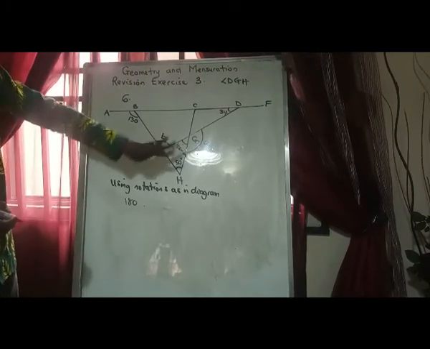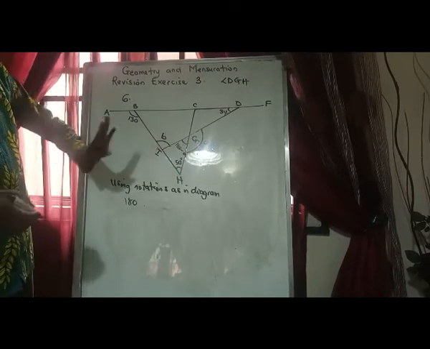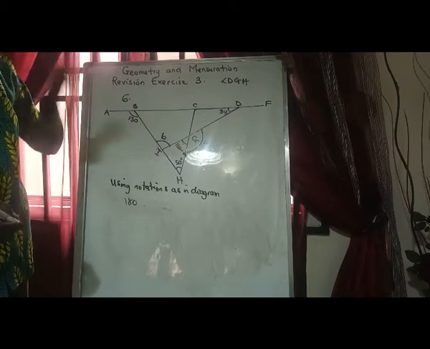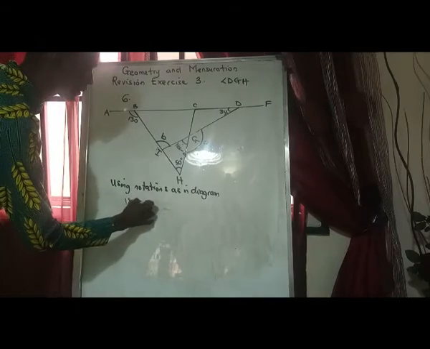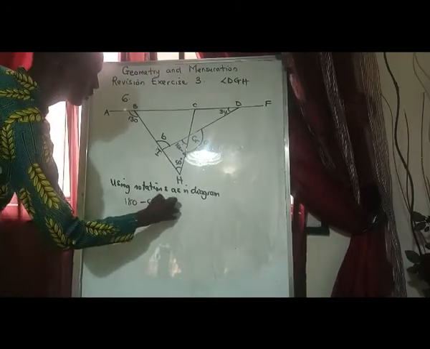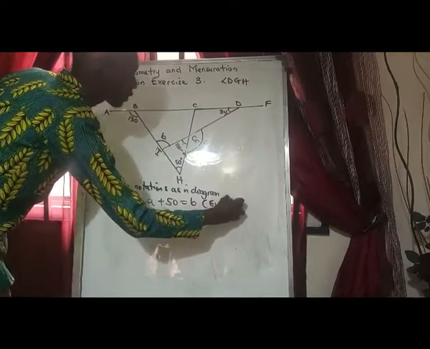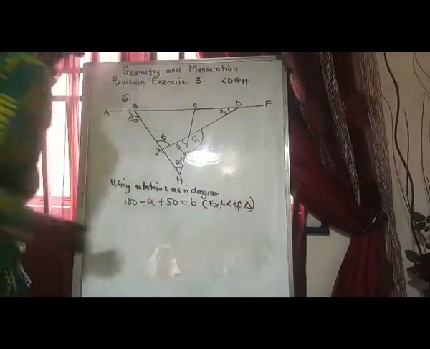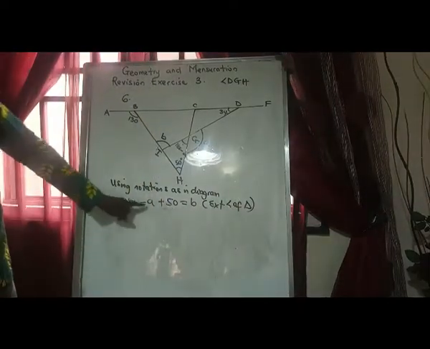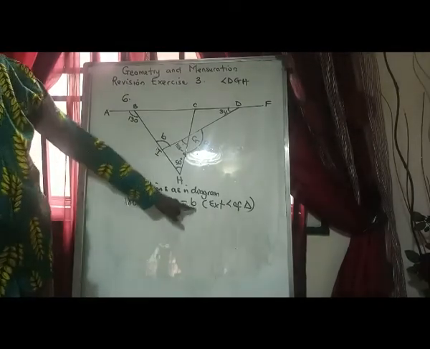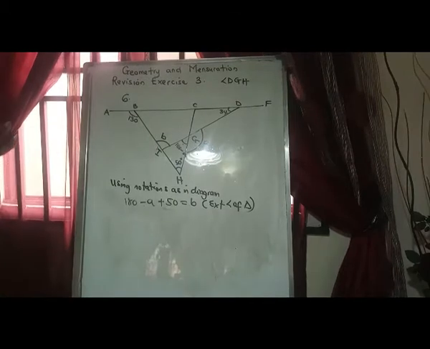Once you've drawn the diagram and your diagram is well labeled, your examiner is duty bound to use what you have in your diagram to mark your script. So 180 minus A plus 50 will give me B, exterior angle of a triangle. So 180 minus A plus 50 is equal to B. Now, what is B?